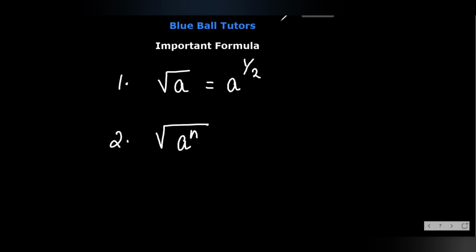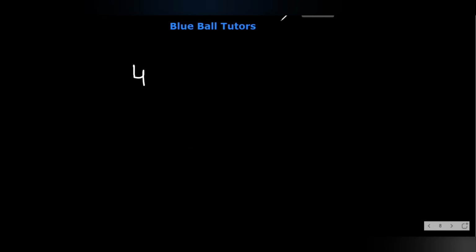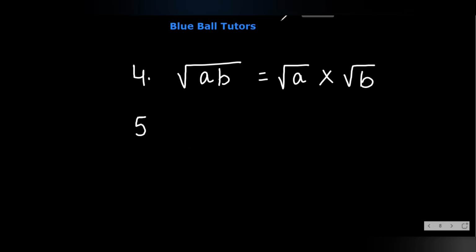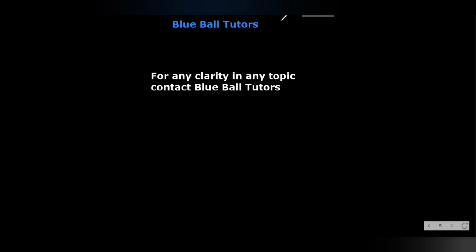Square root of a to the power of n is a to the power of n by 2, and square root of a square is just a. Next, square root of a times b is square root of a multiplied by square root of b. Square root of a divided by b is square root of a divided by square root of b. And square root of a times square root of a is just a.